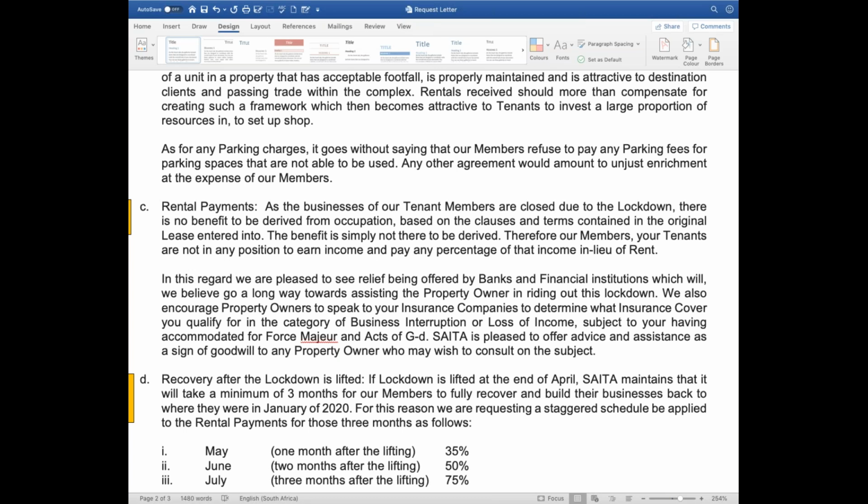And then for the period of 3 months after the lockdown has finished, and I mean, this we might still have to flesh out just to see the viability, but to only pay a scaled up version of 50%, perhaps for 3 months, or as you've said, 35, 50, 75.